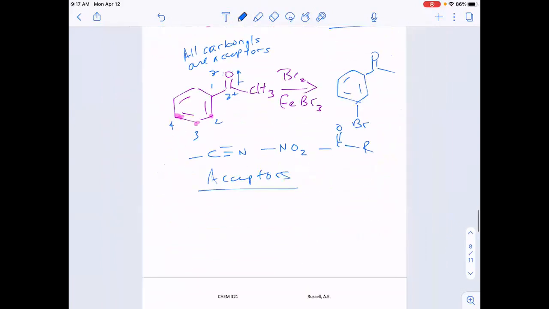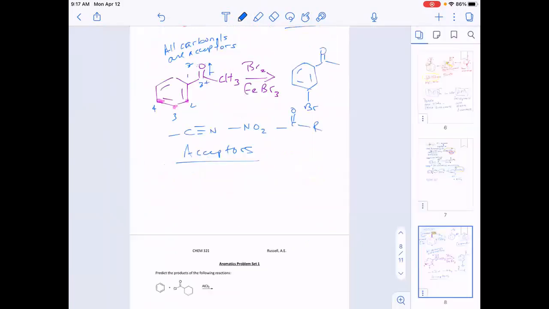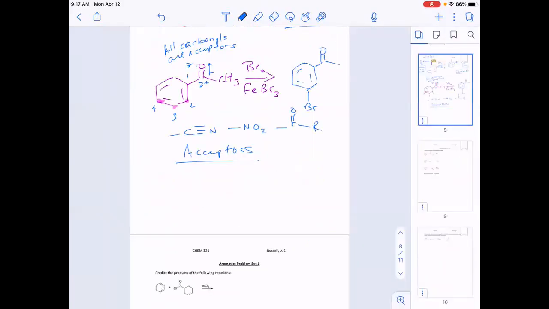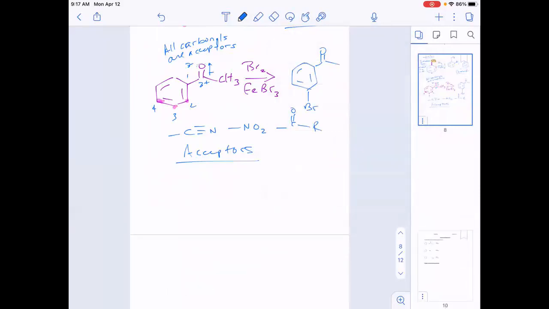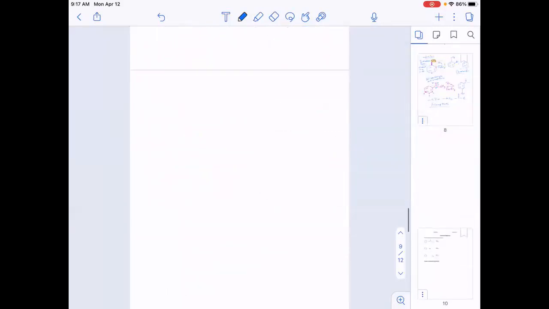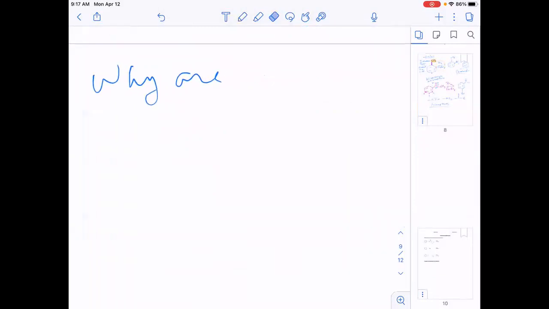All right, so let's look at one other thing with the directing effects, and that is why we see meta directing with acceptors. Let's talk about that. And again, this goes back to resonance.